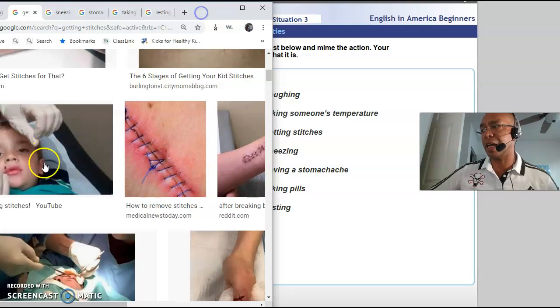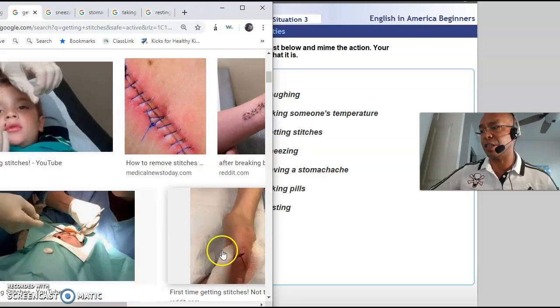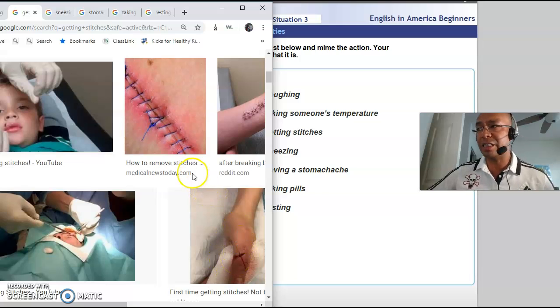Sometimes kids get it, and they put stitches, okay? This is a deep cut that needs stitches. This person got 1, 2, 3, 4, 5, 6, 7, 8, 9, 10 stitches.